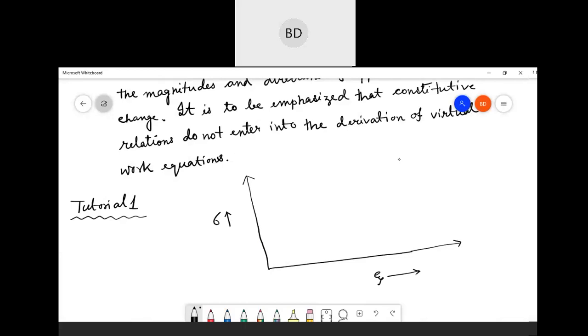Engineering stress and engineering strain. Suppose you have a curve like this, then it goes down like that, but it may be straight. Straight comes down, then remains horizontal.